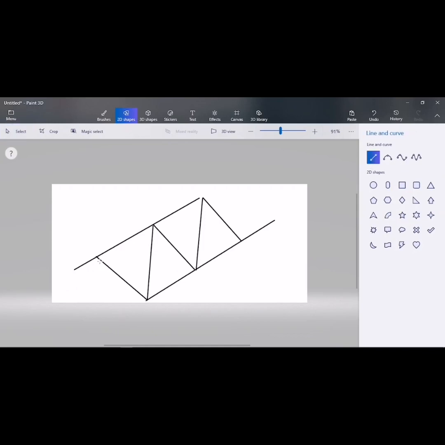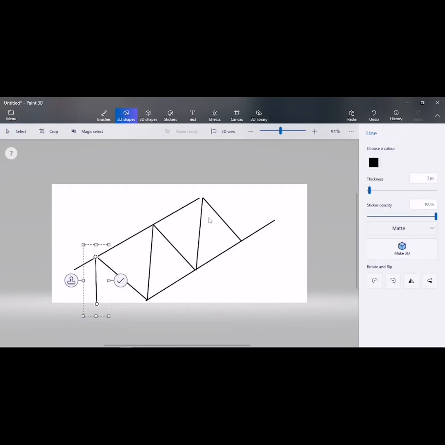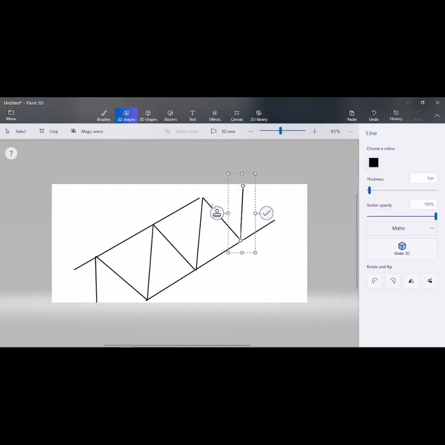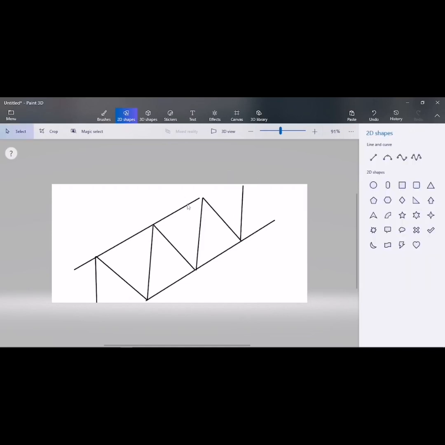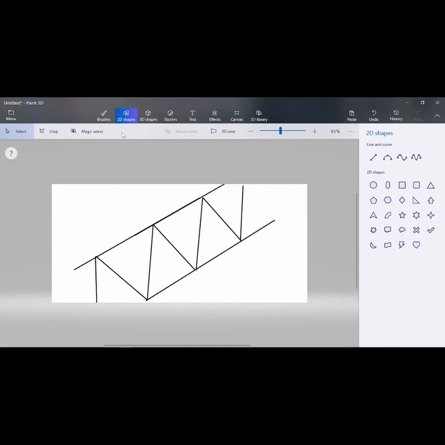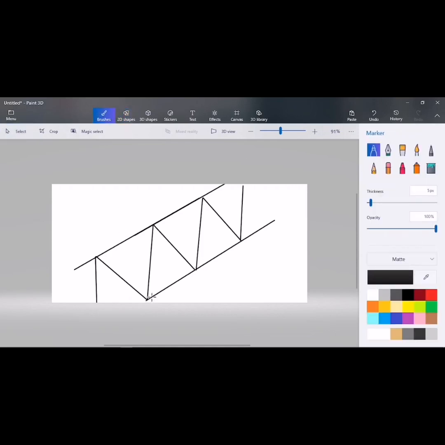On our uptrend, it'll be literally the opposite, because what we have is a higher high, higher low, higher high, higher low, as opposed to your lower lows and lower highs. We're going to be having our first touch right here, second touch, third touch.